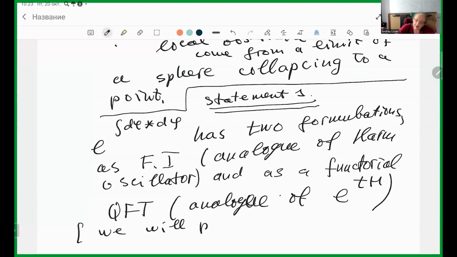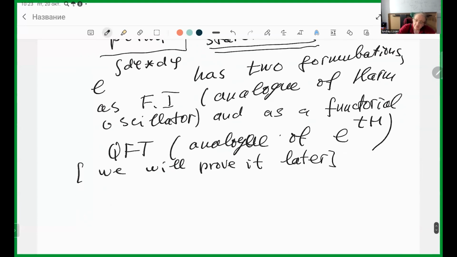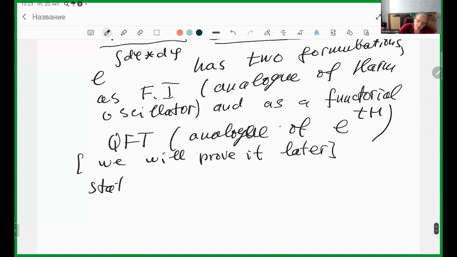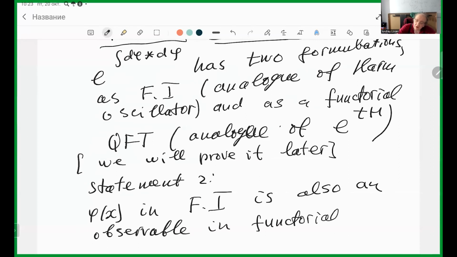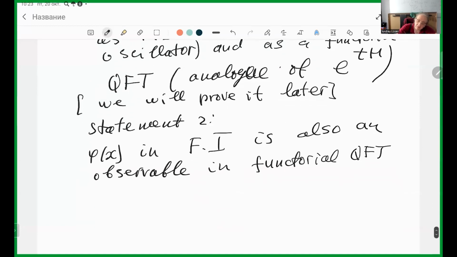We will prove it later. Statement 2: phi of x in the functional integral is also an observable in the functorial one. We will prove it later.